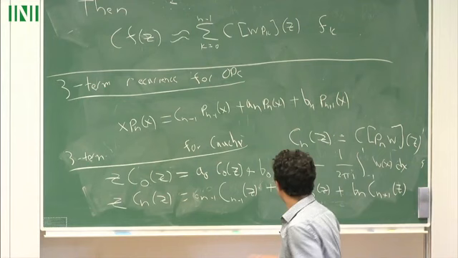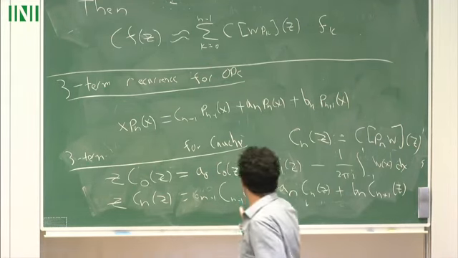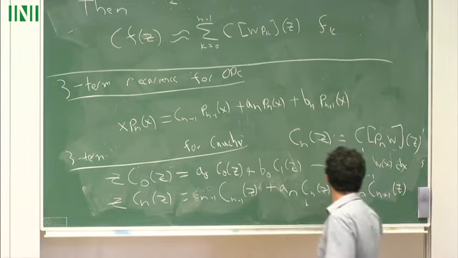So if we know C_0 through C_n of z, then we also know C_{n+1} of z.